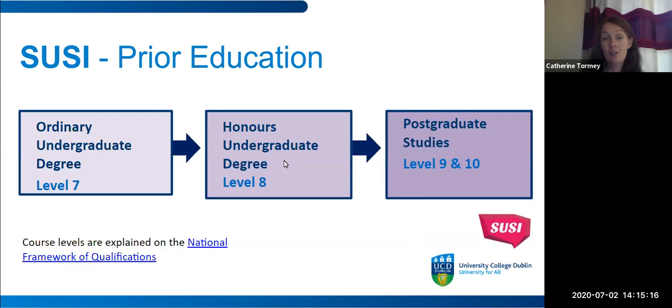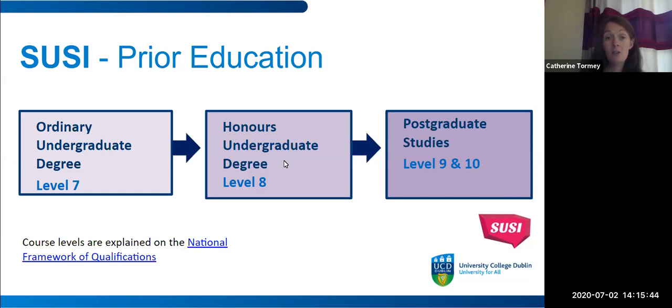So prior education, again, is slightly different. So as I said earlier, students who hold a level 7 degree or a level 7 qualification and are taking a level 8 qualification in an unrelated subject won't qualify for Free Fees Initiative funding. However, if the same student qualifies for SUSI and holds a level 7, they can qualify as progressing if they are going on to a level 8.